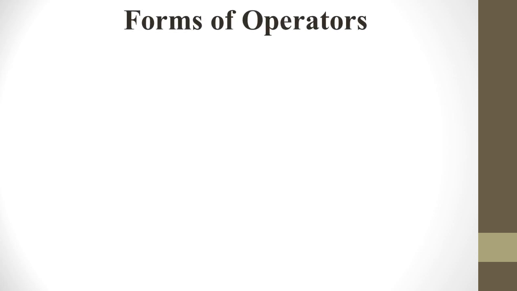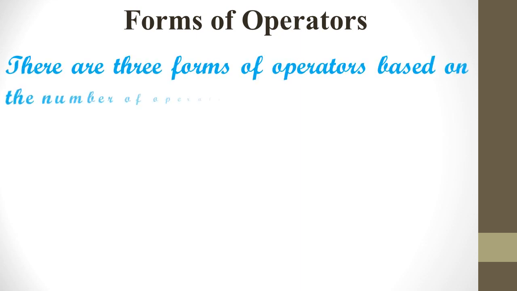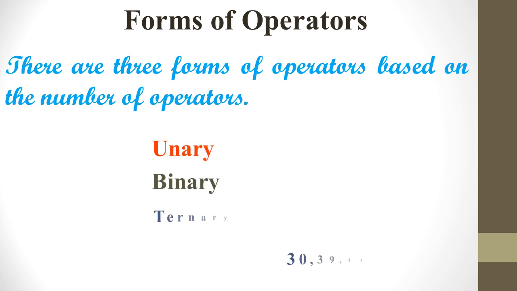Form of operators. Form of operators groups operators in terms of the number of operands. Means according to the number of operands, you can divide the form of operators. There are three forms of operators based on the number of operands: unary, binary, and ternary.